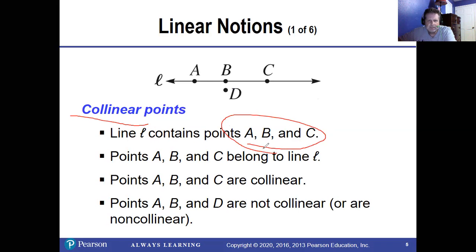Points A, B, and C have to belong on line L. Points A, B, and C are collinear, and points A, B, and D are not collinear, or non-collinear. What does that mean? Here's A, here's B, and any 2 points can make a line. Here's D. Now I can make a line through AD, I can make a line through BD, but you cannot make a line through A, B, and D at the same time, which makes them non-collinear.